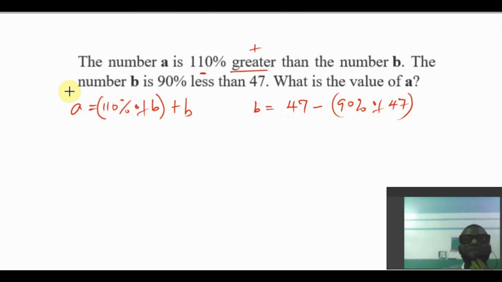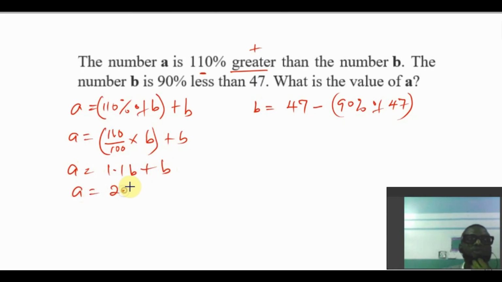So we want to get the value of A. A here is in terms of B. Percent means over 100, so A becomes 110 over 100 times B, then plus B. So my A becomes 1.1B plus B, so A becomes 2.1B. Now if I get my B, I can easily substitute it into A to get my A. So B becomes 47 minus 90%, which is 0.9 times 47.